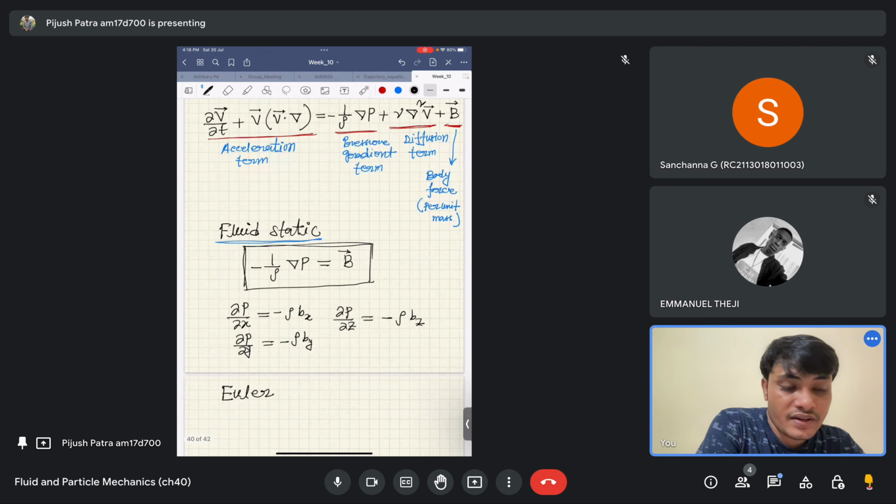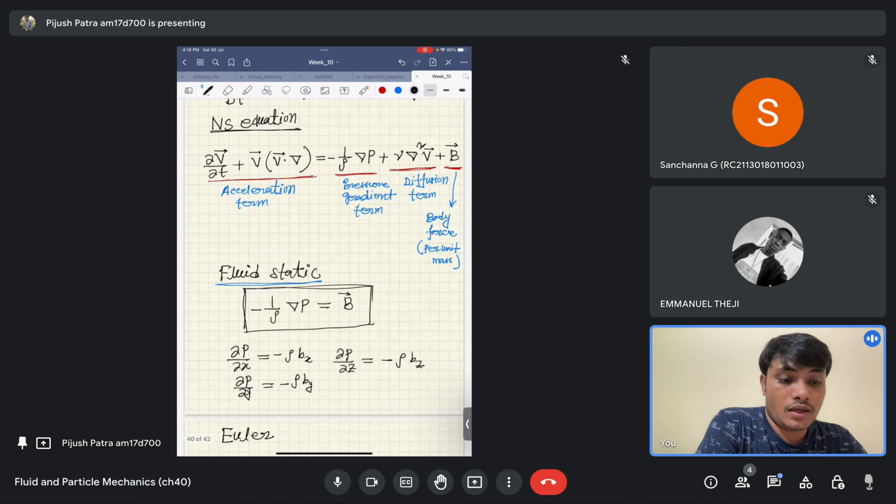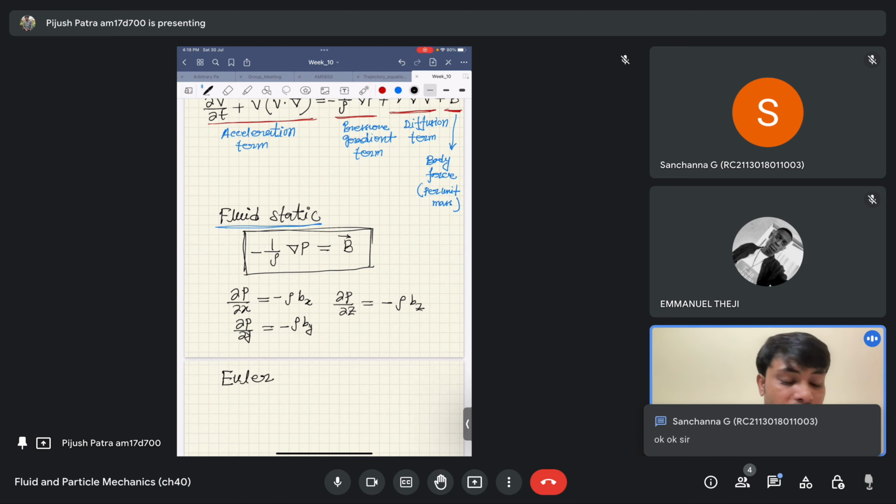For interfacial flow, you have to use the dynamic equation, the Navier-Stokes equation. If there is some flow because of capillarity or some other physics, you have to use the incompressible Navier-Stokes equation, because the fluid is not at rest, at least in the portion where the capillarity effect or some other effect is more prominent.